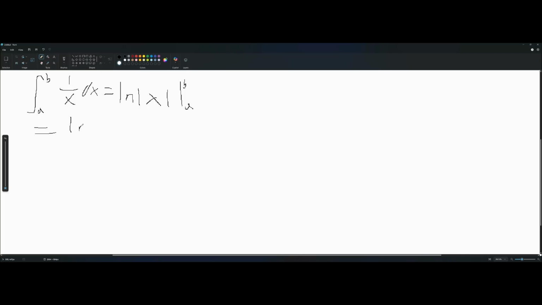What that essentially means is we're taking the natural log of b and then subtracting from it the natural log of a. Like that. And when we have bounds, we don't add that plus c, because we know that this function is being evaluated at different values. We only add that plus c because it's ambiguous, but these bounds suggest that this is the function.